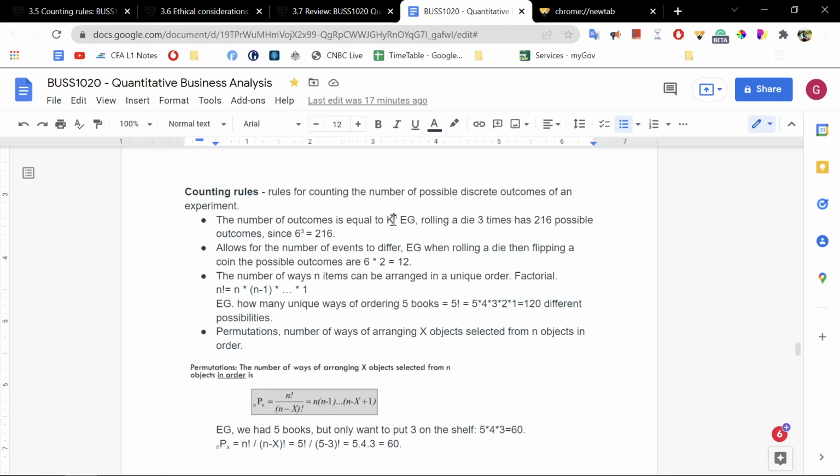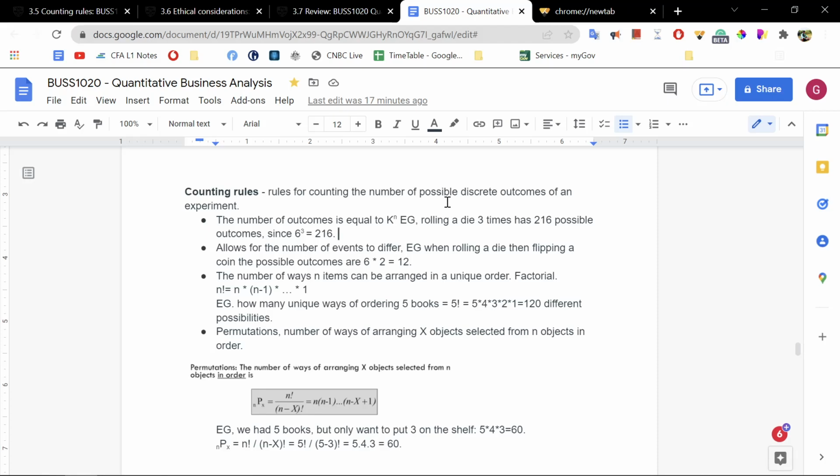So k to the power of n is the number of outcomes of a possible test. What we do right here is 6, the number of possible outcomes of each of these trials, and 3 is how many times we want to roll this die to know what the outcomes are. So there are 216 independent outcomes regardless of what sequence it is in.